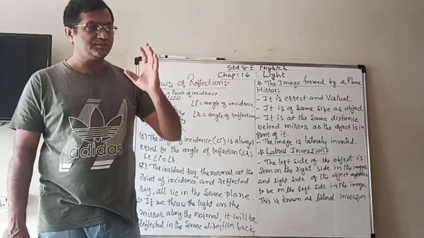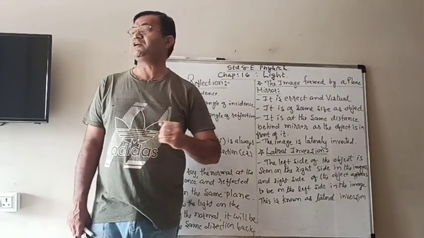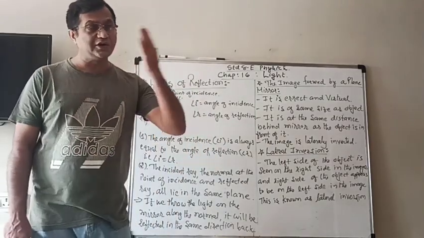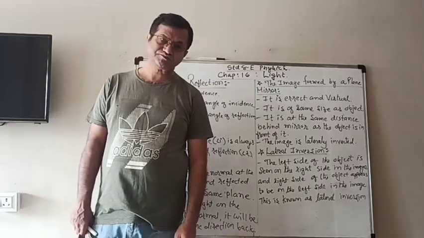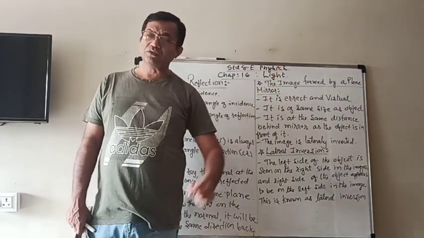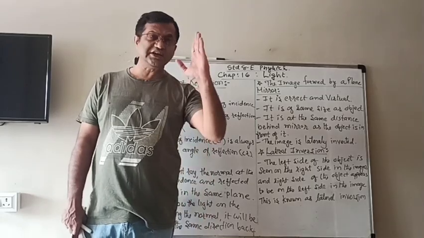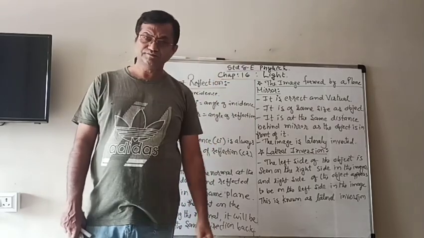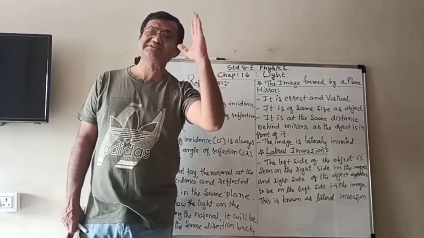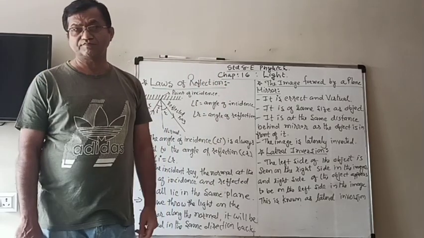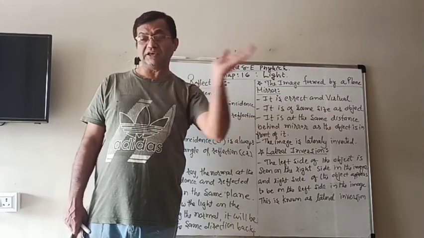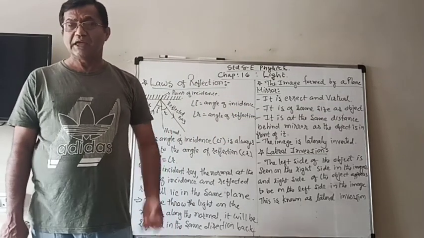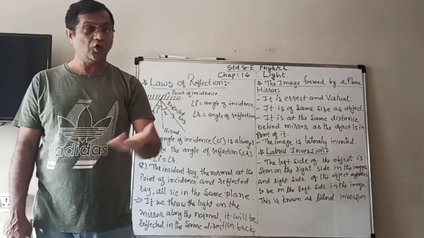Now, if you stand in front of a mirror and look at your image inside the mirror, can you see your image erect or upside down? It is always erect. And if you put a screen behind or in front of the mirror at different distances, can you get your image on the screen?